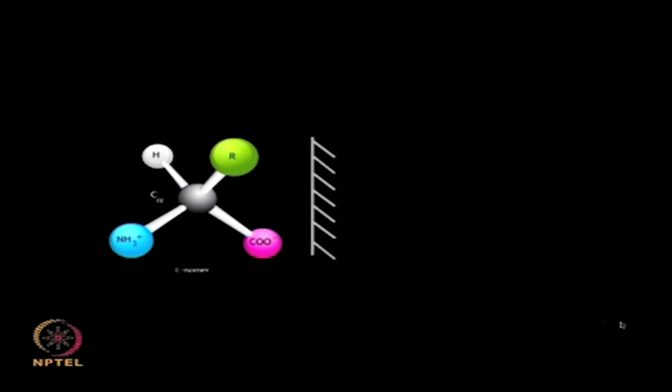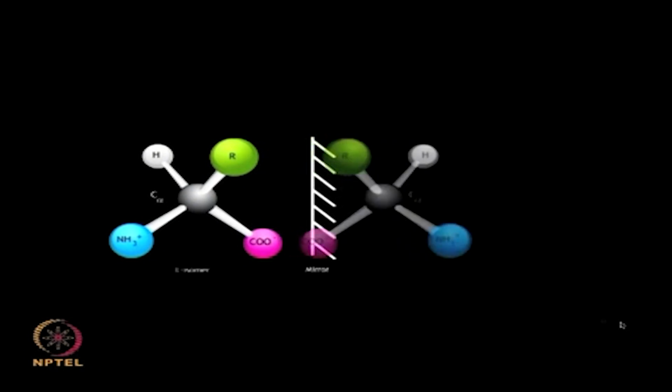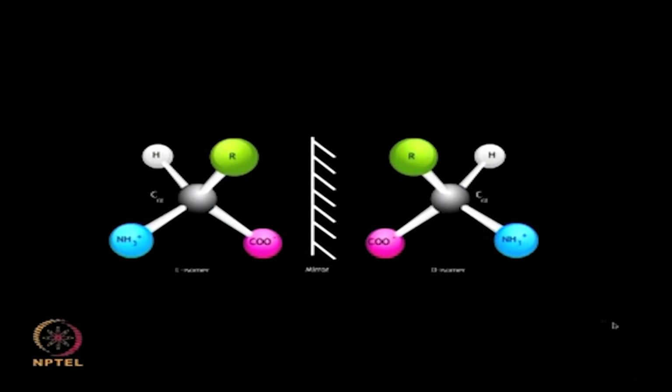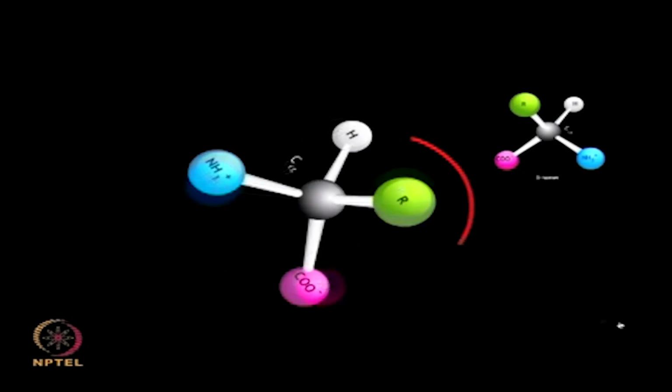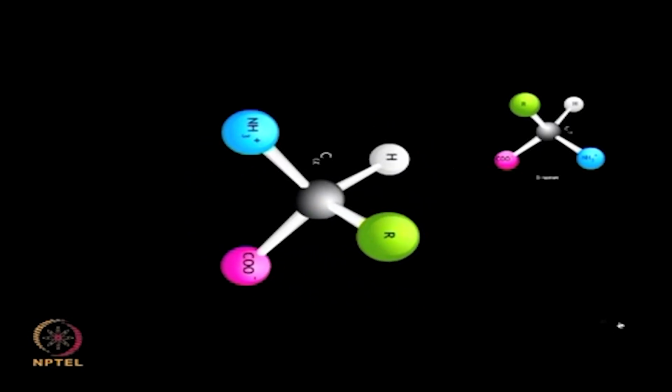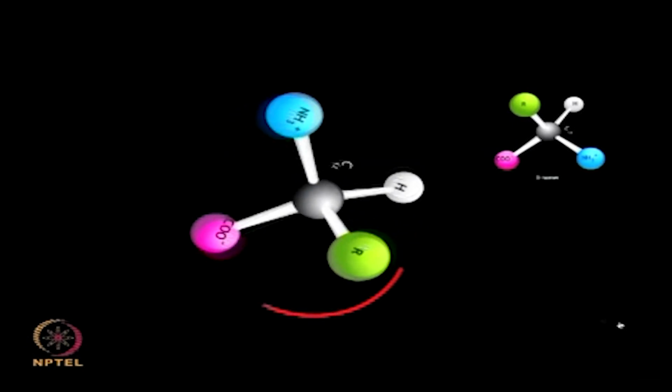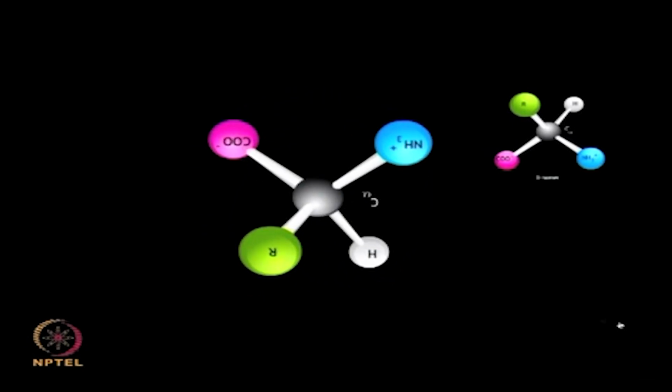The two enantiomers of amino acid are non-superimposable mirror images due to the spatial arrangement of 4 different groups about the chiral carbon atom. Rotation of either isomer about its central axis will never give rise to the other isomeric structure.